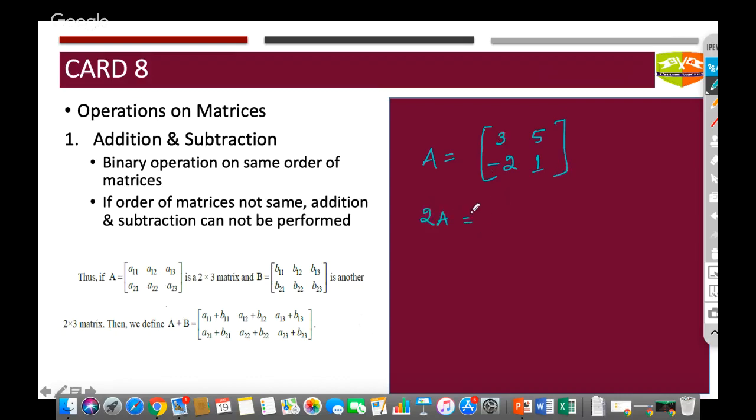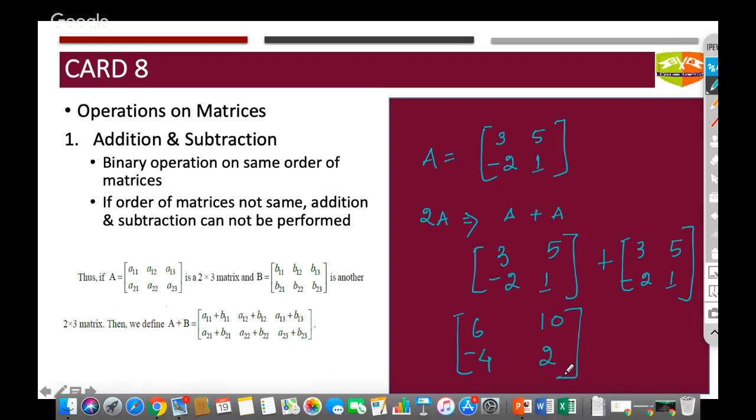What do I mean by 2A? I mean A plus A. So A plus A means 3, 5, minus 2, 1 plus 3, 5, minus 2, 1. So I add 3 plus 3, 6, 5 plus 5, 10, minus 2, minus 2, minus 4, 1 plus 1, 2. So actually I'm adding A 2 times.